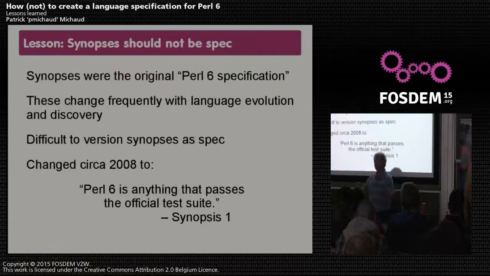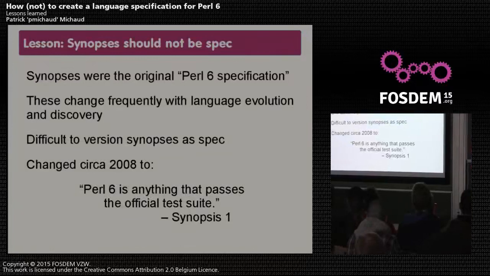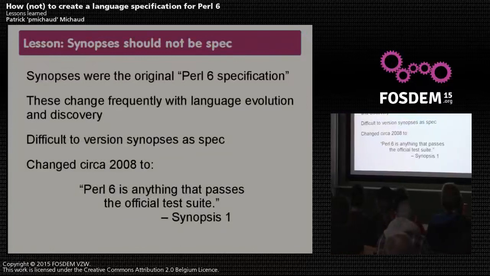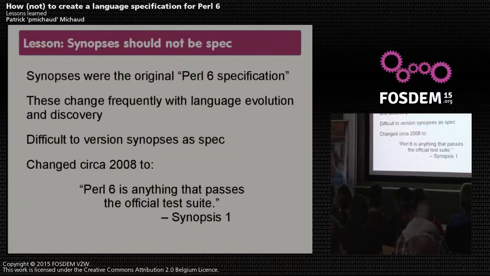And there are many times where the implementation leads those documents, where the implementation, Rakudo Perl 6 or Niecza or Pugs, will be doing things, trying out features, but it's not reflected in the synopses. And there are places where the synopses articulate where we think Perl 6 will go, but we don't have any implementations that implement that. And so we need to get rid of this notion of synopses as being a specification document.